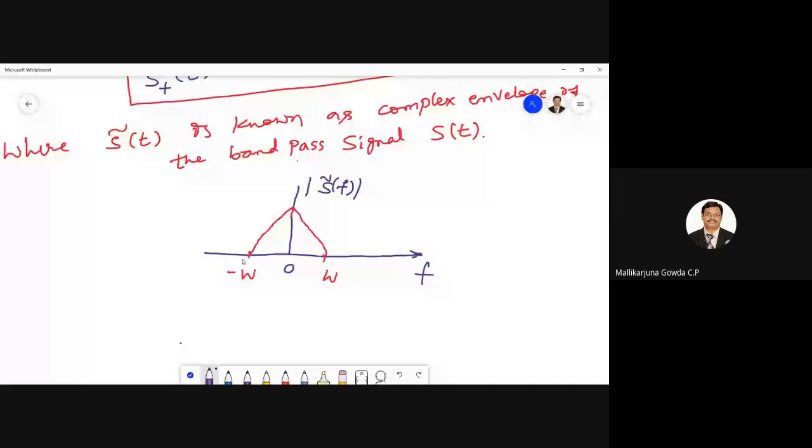What will be its magnitude? It will be 2 into S of fc. 2 into S of fc.